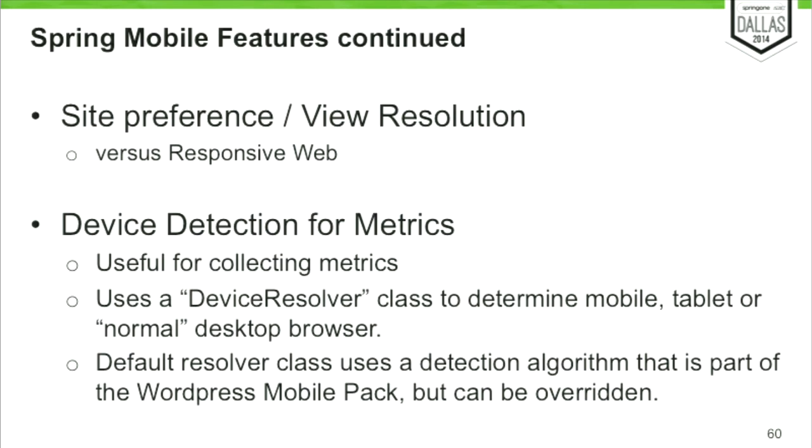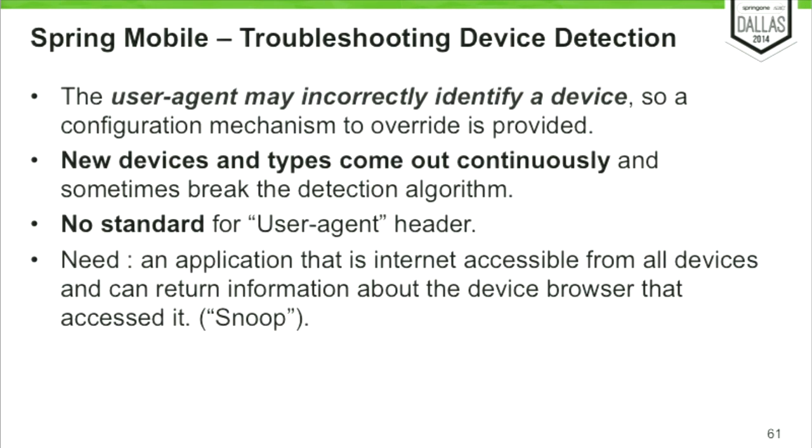So Spring Mobile comes with this device resolver class, configures a default one for you, and that is using a detection algorithm that's part of the WordPress mobile pack. You can override that configuration if you don't want to use it. And also it has a configuration mechanism to override individual things as well.